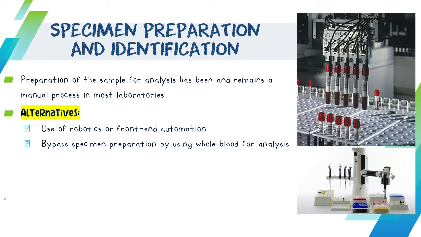Kasi syempre, if we need to use a sample, a serum sample, di ba remember, it takes a lot of time to get that sample since ipa-properly clot pa ninyo ang blood and then i-centrifuge pa ninyo siya. Tapos di ba para ma-properly clot yun din yung sample, it takes about 15 to 20 minutes. And then in the centrifugation process, it takes about another 15 minutes. So dugay good guys siya. And time is of the essence in our work.